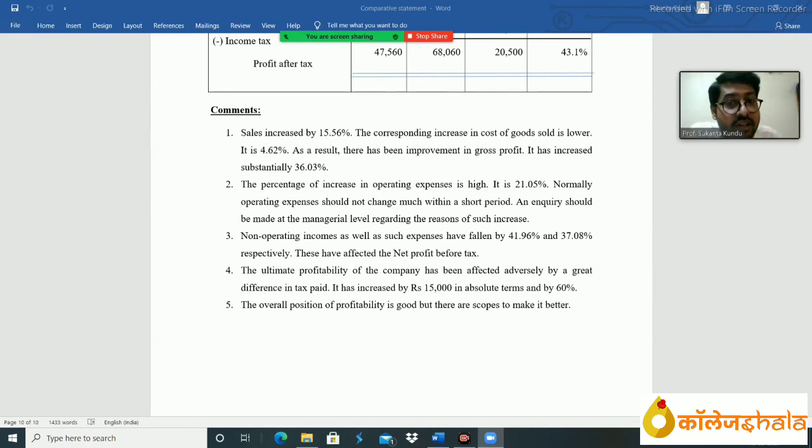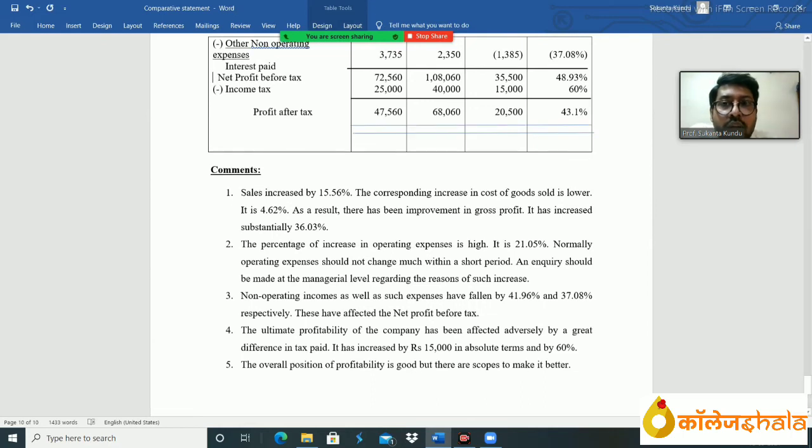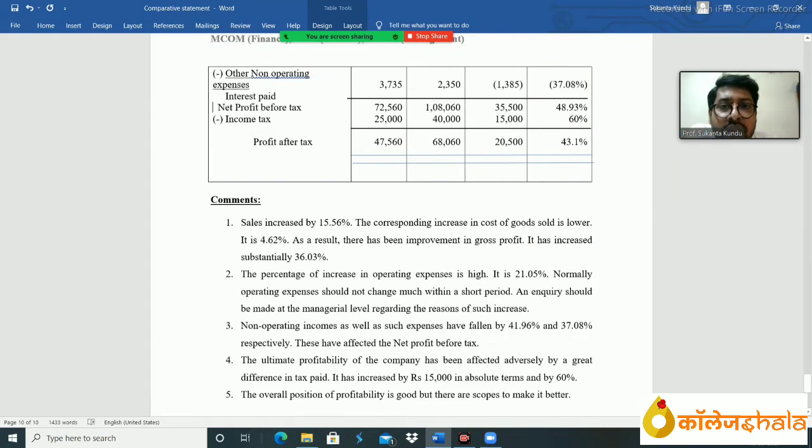The ultimate profitability of the company has been affected adversely by a great difference in tax paid. It has increased by rupees 15,000 in absolute terms and by 60%. So here you can see the tax amount in 2011 is 40,000, which is higher than the amount of 2010, that is 25,000.